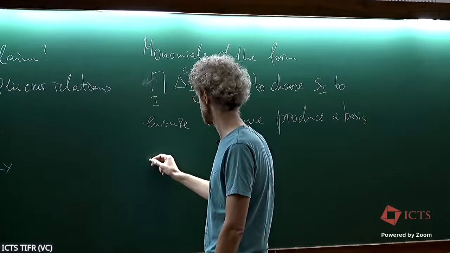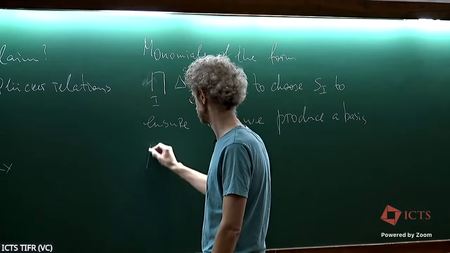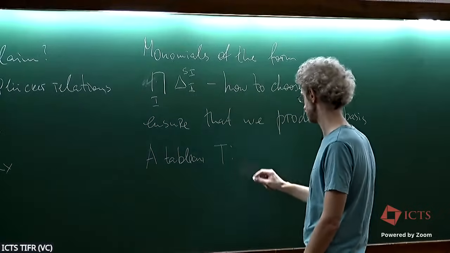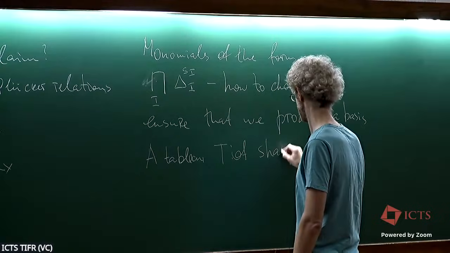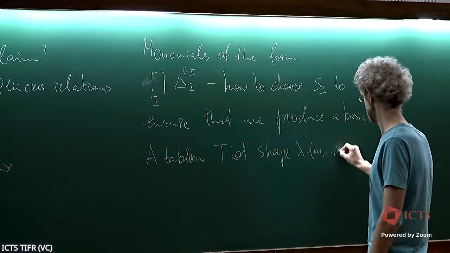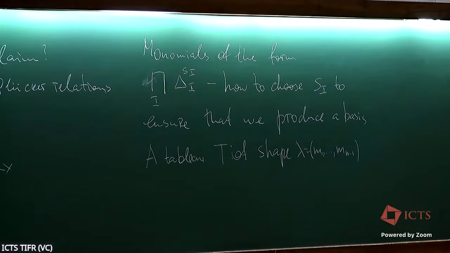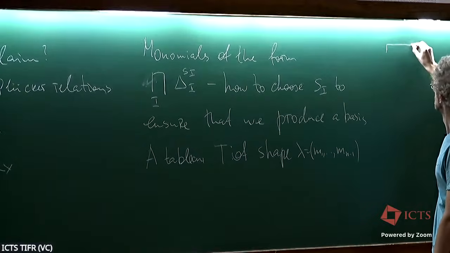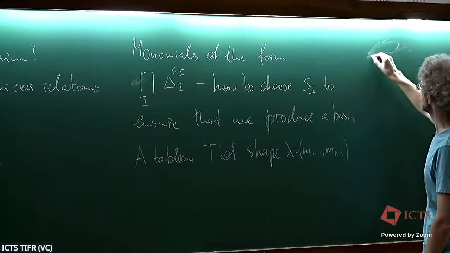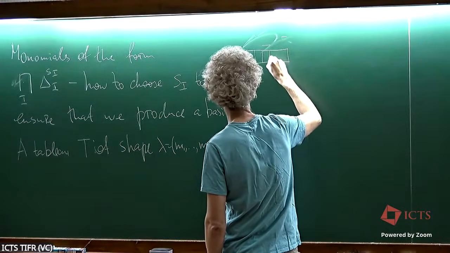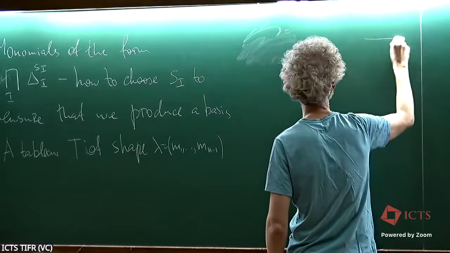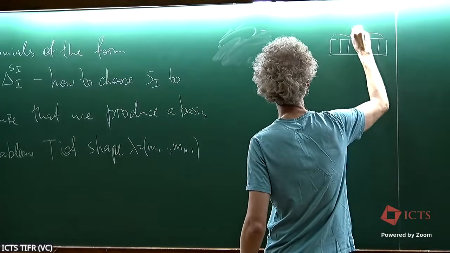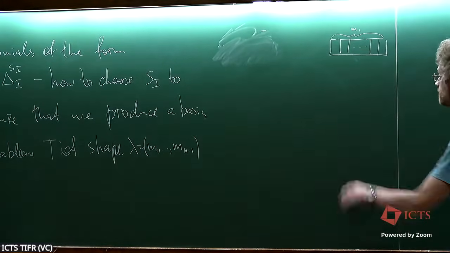In which sense? So we have a tableau T. First of all, we need to fix a shape, shape lambda, which is M1, ..., M n minus 1. So how do we do it? We take M1 columns of height 1, so a strip.